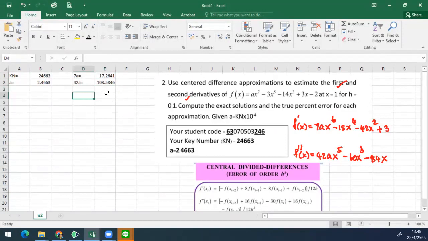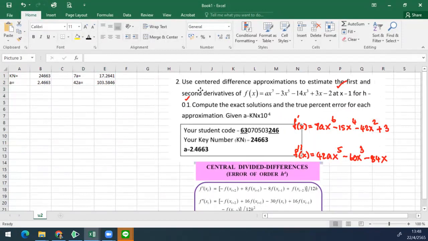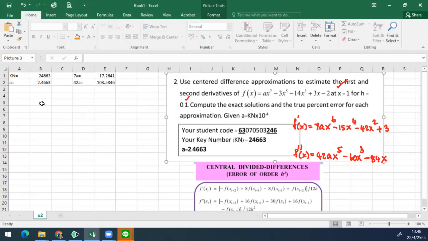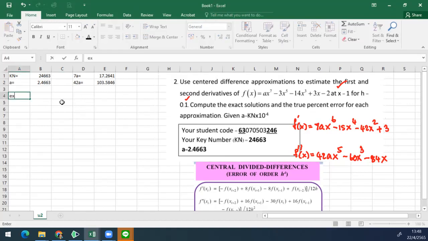For this time, we have the value for determining that. For the exact solution, we have dy by dx and d2y by dx2.